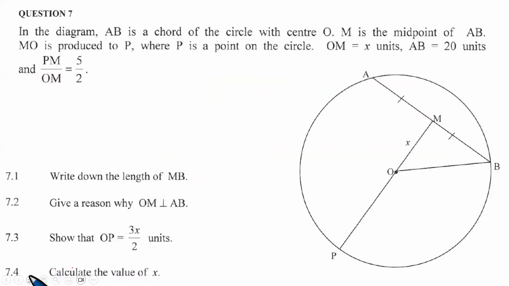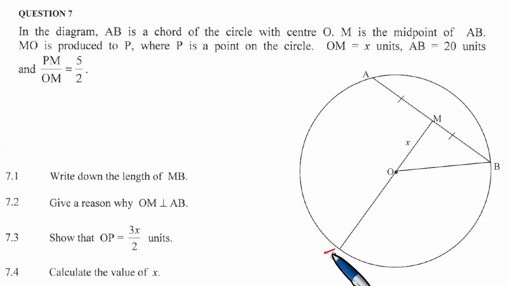In the next question, now we're back to this basic grade 11 theorem. And in the diagram, AB is a chord of the circle. This chord therefore runs from the circumference to the circumference of the circle with center O. M is the midpoint of AB. MO is produced to P, where P is a point on the circle.